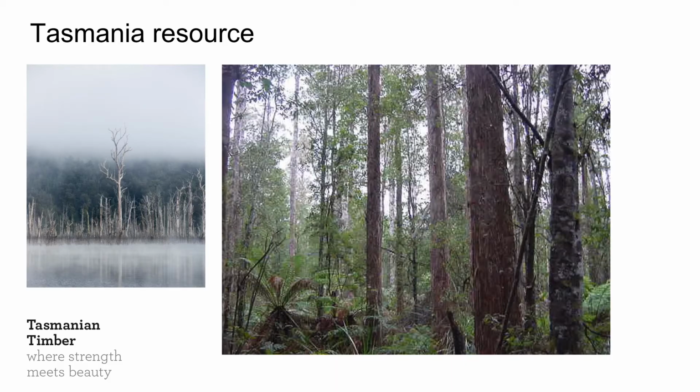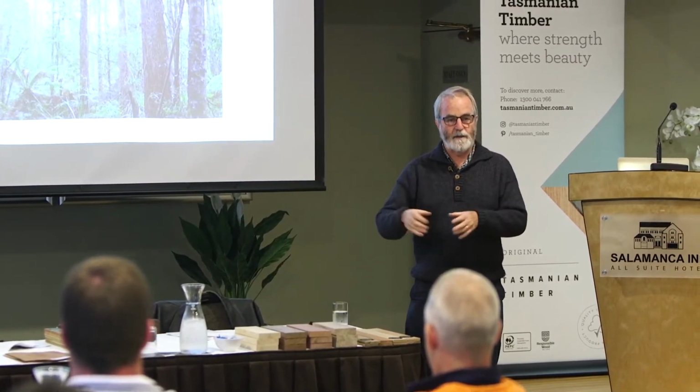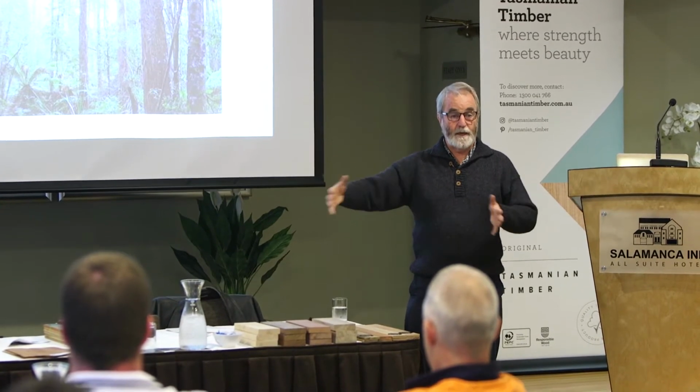Okay, so a lot of the species we're going to talk about today are native forest species. So this is a native forest. I think this one's somewhere up near Smithton. The trees in here have evolved for that location. So what happens with native forestry is that a site is harvested either selectively or in parts or cleared.